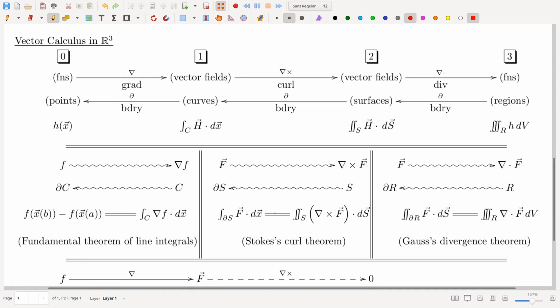A question for the fundamental theorem of line integrals. To make that equation, F(b) minus F(a), the line has to be path independent, right? Yes, it does. And let me walk through the diagrammatic rationale there.